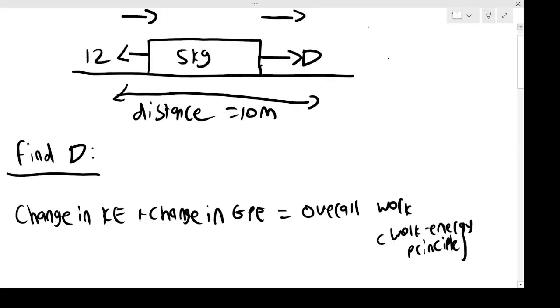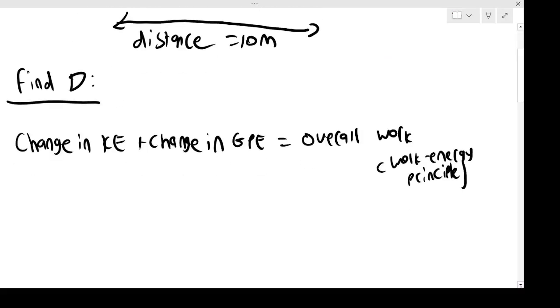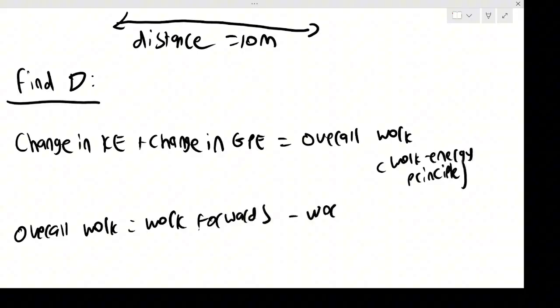So what exactly does this mean? Well, firstly, I'm going to look at overall work. I think it's probably the more confusing aspect out of everything here. As I've also stated, the overall work is the work done forwards, sorry, take away the work done backwards.